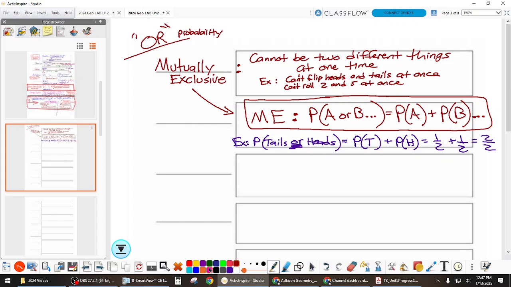In your notes, make sure to separate these somehow. I'm just going to put a little green line between them. And I'm going to make this really big.